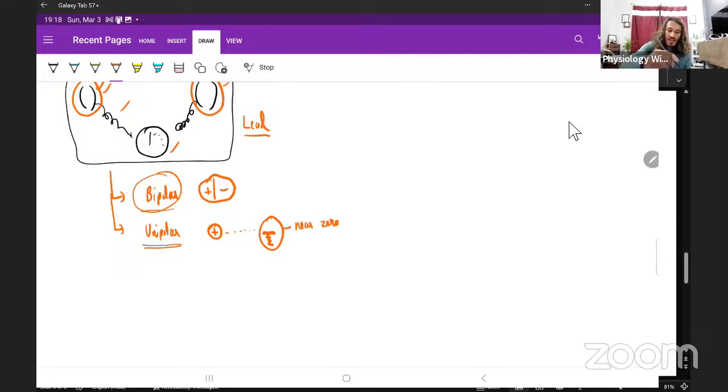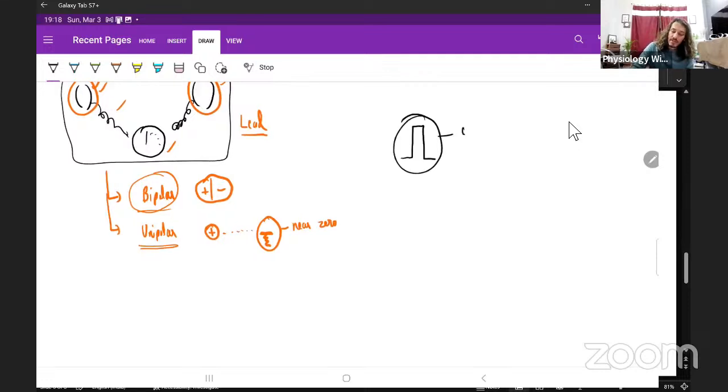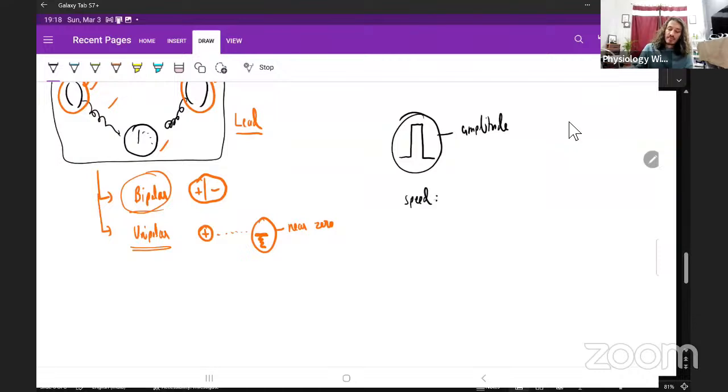Before that, one small thing about your ECG that you have to understand: the speed of the ECG and the calibration unit. These two things you have to always check when you get an ECG. You'll see a symbol like this whenever you look at an ECG, and that is the calibration of your amplitude. Another thing you have to check is the speed setting. The speed setting usually is around 25 millimeter per second.